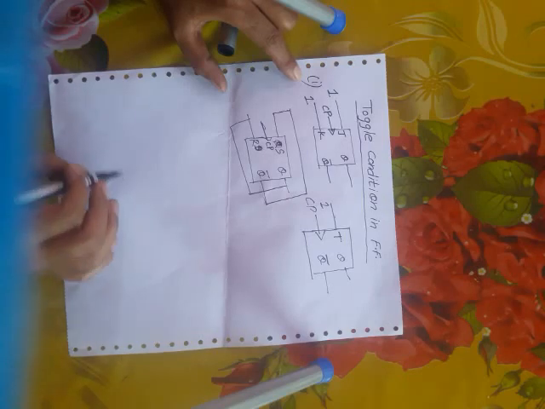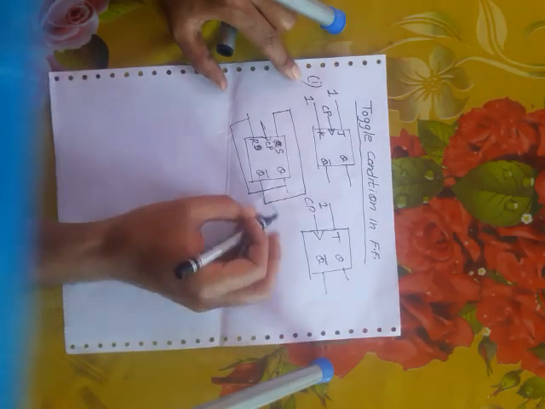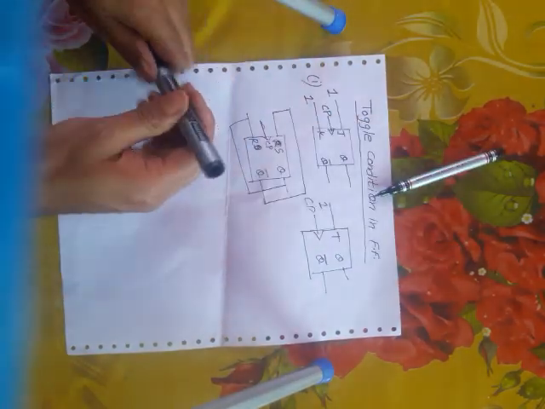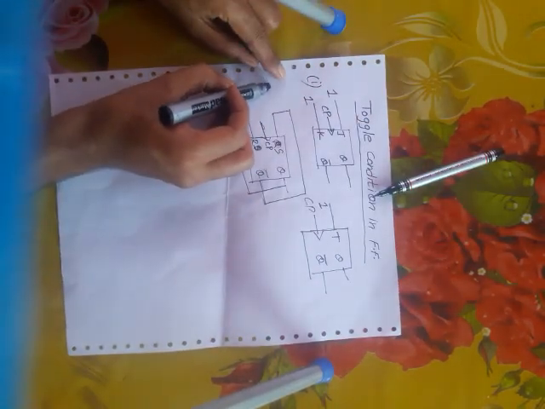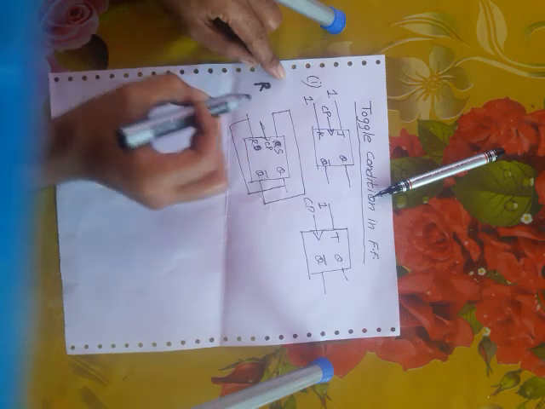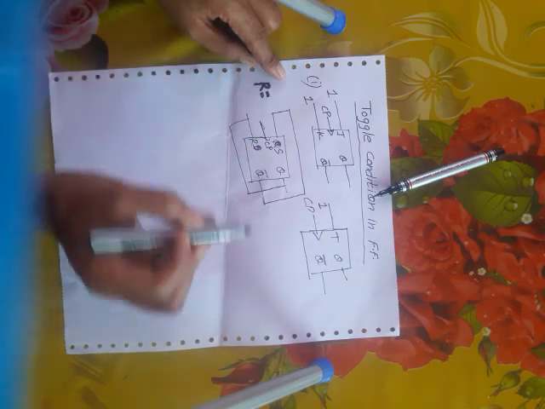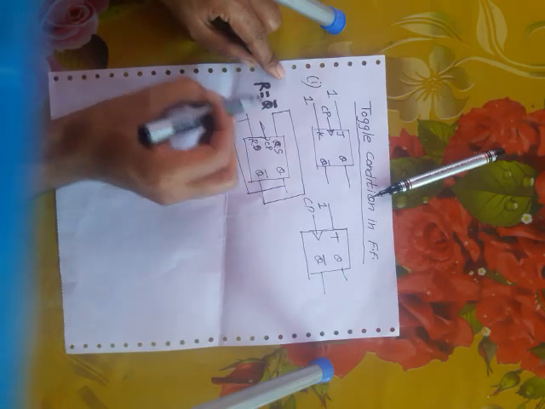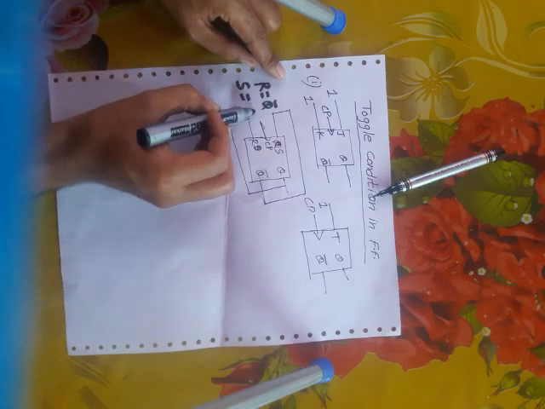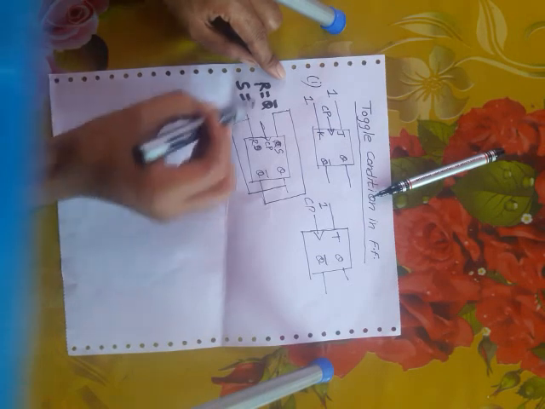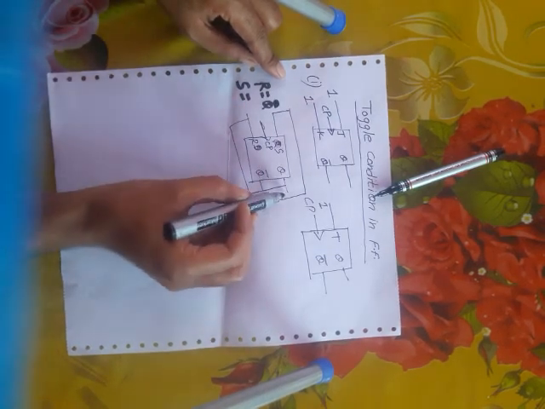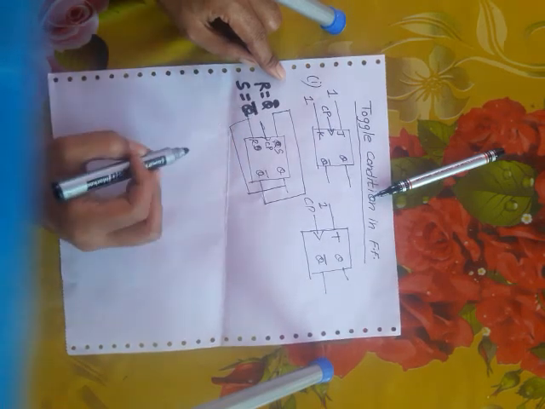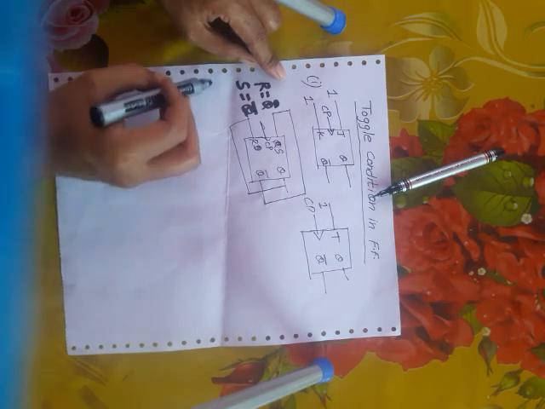How? Suppose R equals Q and S equals Q bar.